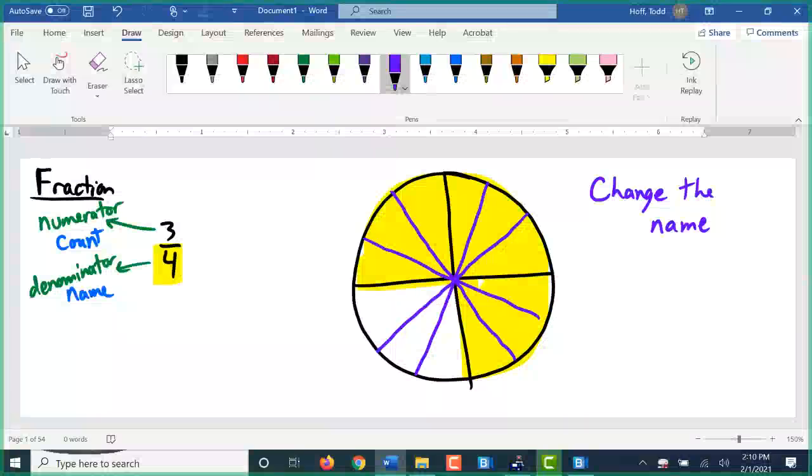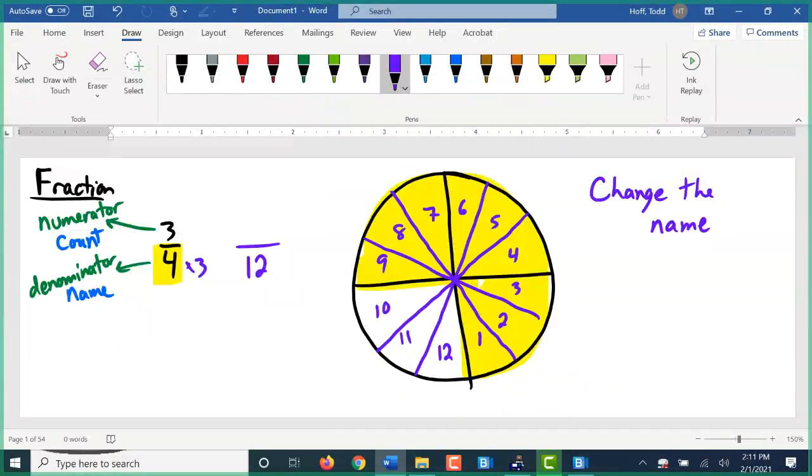Now, if I count how many pieces it takes to make a whole object, 12. Which makes sense. We had 4 pieces before. We cut each of them into 3 equal pieces. 4 times 3 is 12. That makes sense.